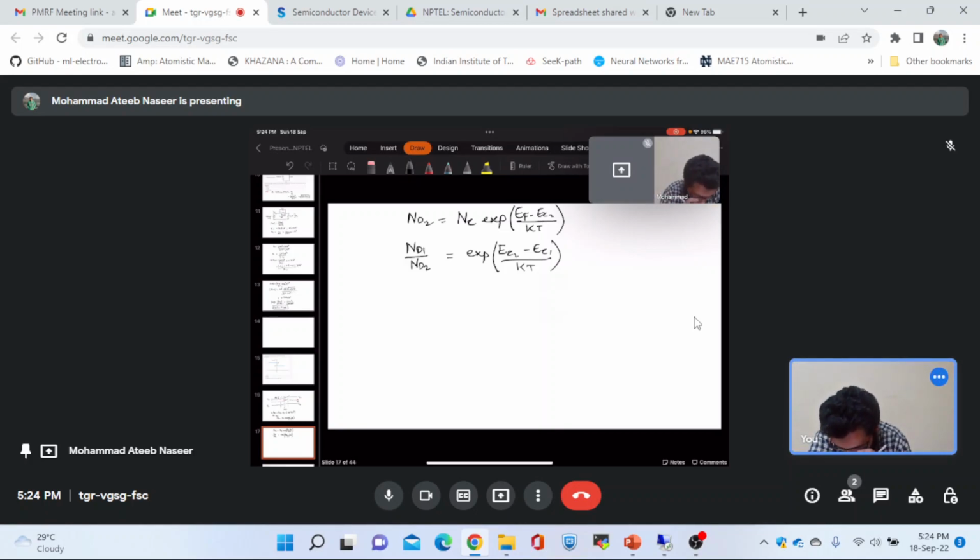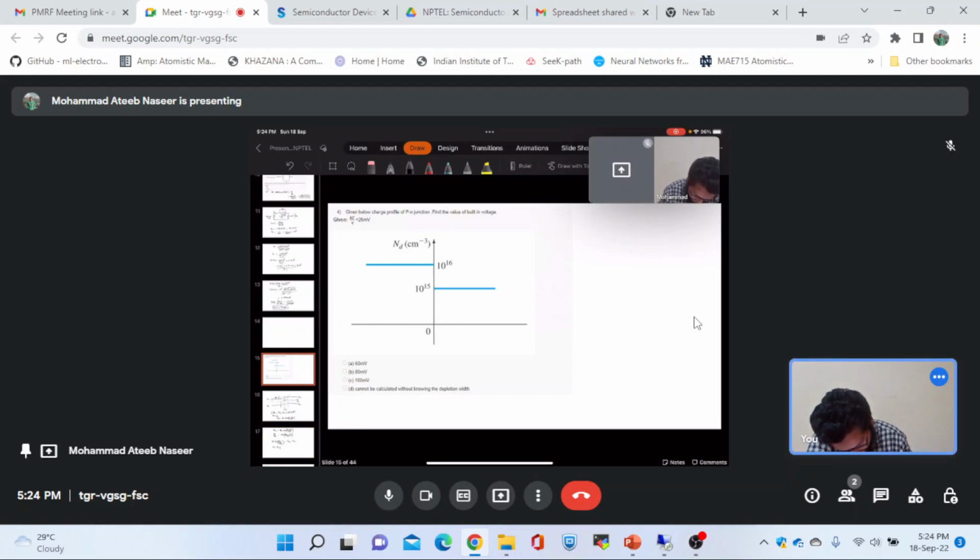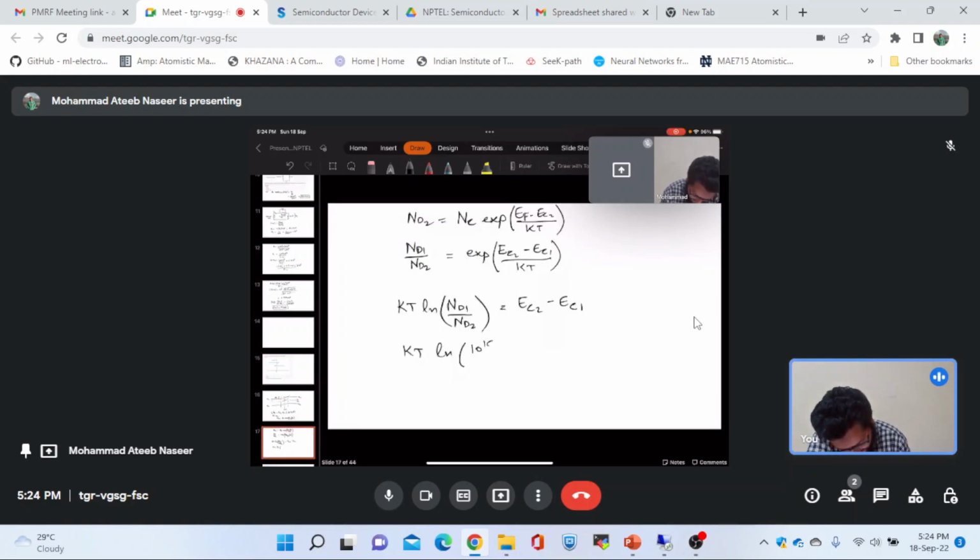So it would mean that I will be having KT ln of ND1 by ND2 is equal to EC2 minus EC1, where this EC2 minus EC1 is qφBI. So KT ln of, I think it was 10 to the power 16 and 10 to the power 15, 10 to the power 16 by 10 to the power 15 will give me φBI. This φBI will simply be equal to 0.026 multiplied by ln of 10.